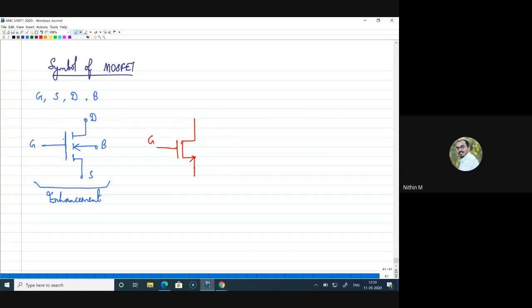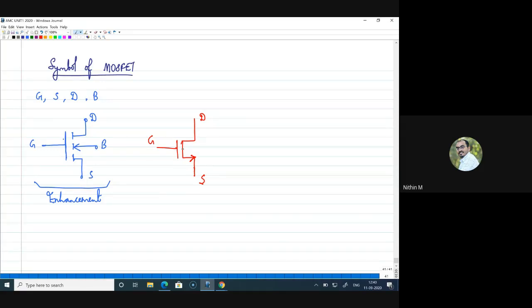This shows the gate, the drain, and the source terminal, with an arrow at the source, meaning current flows from drain to source. We use this for enhancement MOSFET with the understanding that whenever a voltage is applied, a channel will be formed and current will flow.